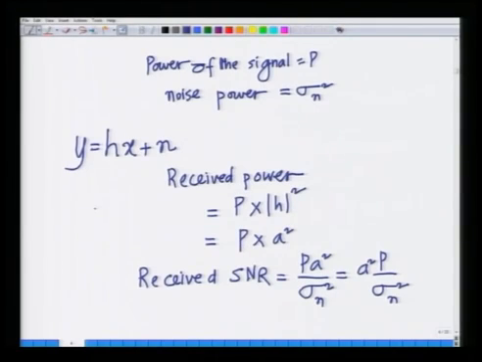Remember, the channel is h, so the gain is magnitude of h square, which is nothing but a square, because h equals a e power j phi. So, the received power is p times a square, and the received SNR is a square p over sigma n squared, because received power is a square p and noise power is sigma n squared.